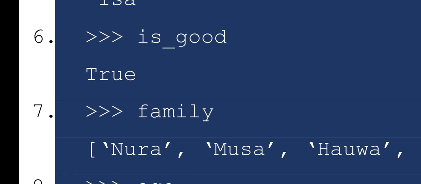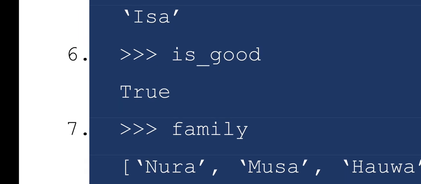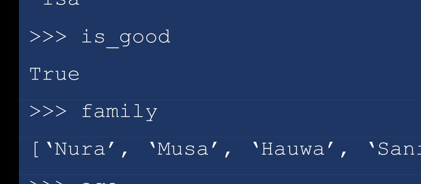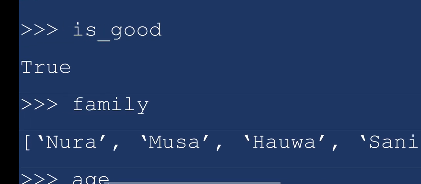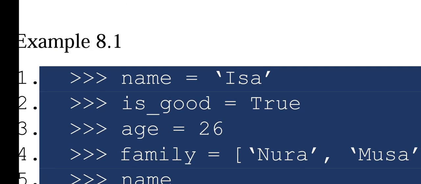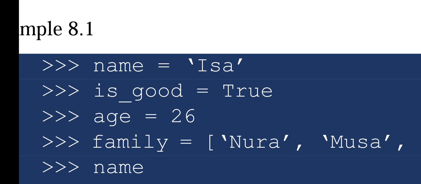Family is given as an input here, line 7, and the output is a list of Nura, Musa, Hawa, Sani, because this list was initially assigned to family.